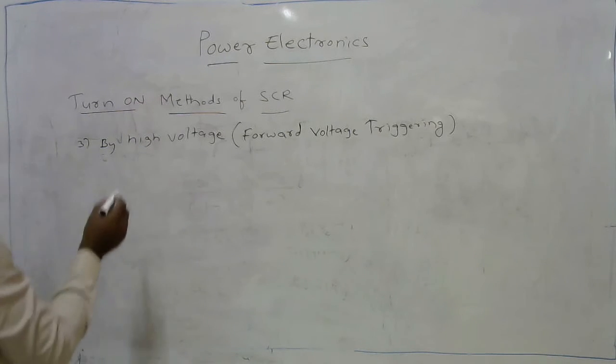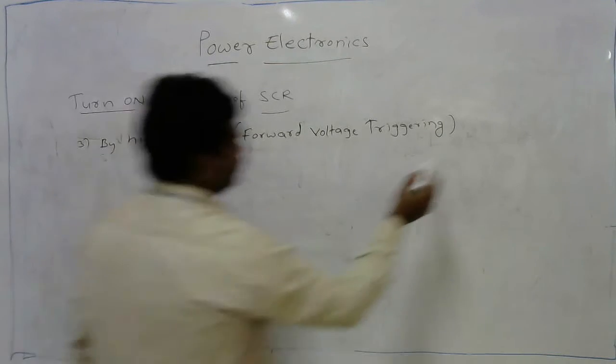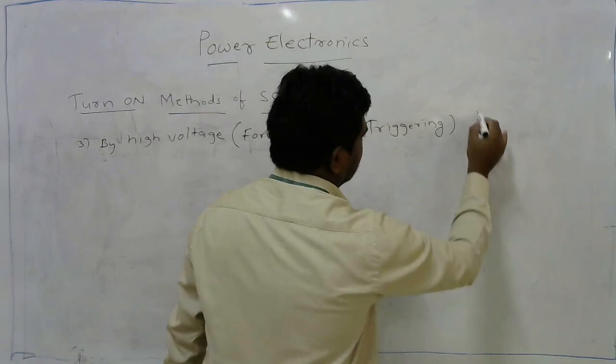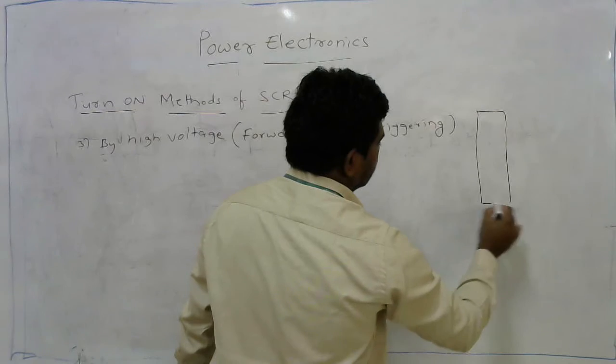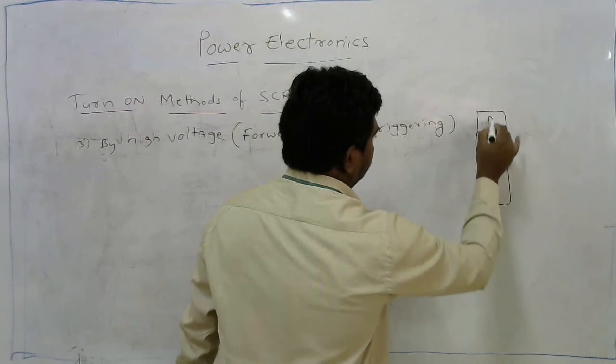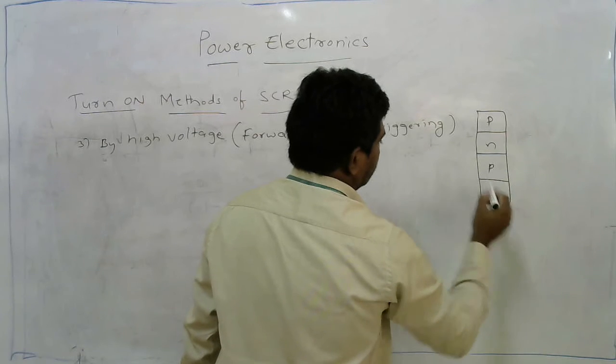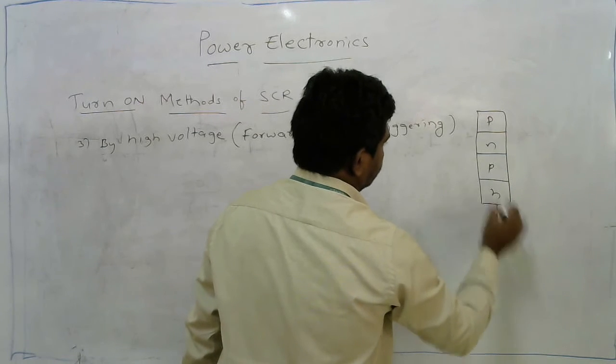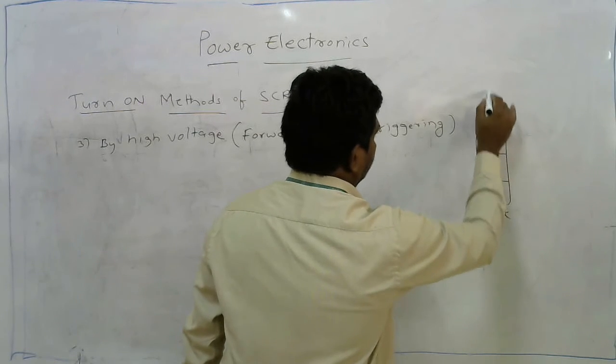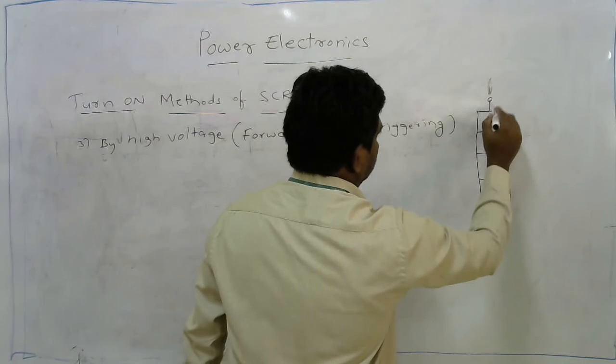turn on. So when we see the structure of SCR, P, N, P, N, this is my cathode, this is anode.